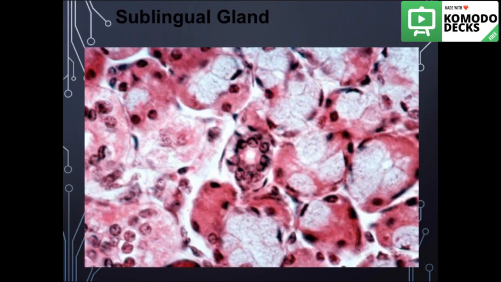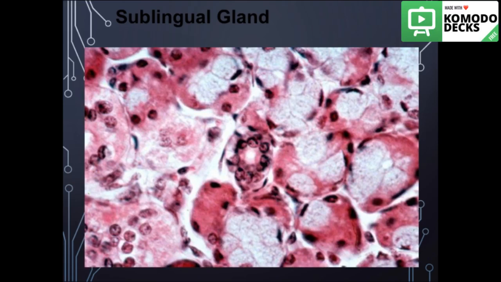We see the mixture clusters of serous and mucus secretory units. We can note the wider lumen compared to the only serous parotid gland, for example.